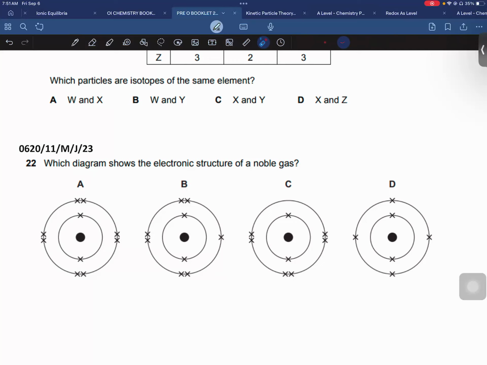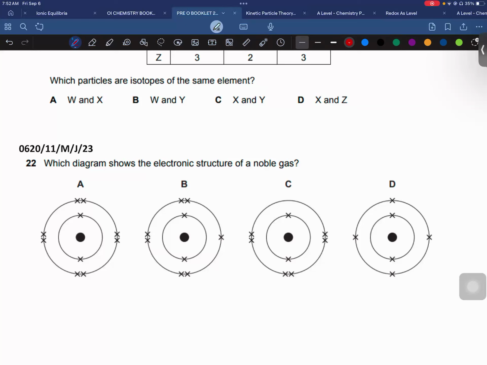Full means 8 electrons, or 2 electrons for helium. Noble gases are helium, neon, argon, krypton, xenon, radon, and oganesson. So group 8 means that they must have 8 electrons in their outer shell.